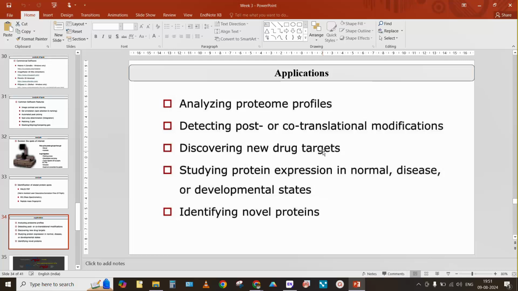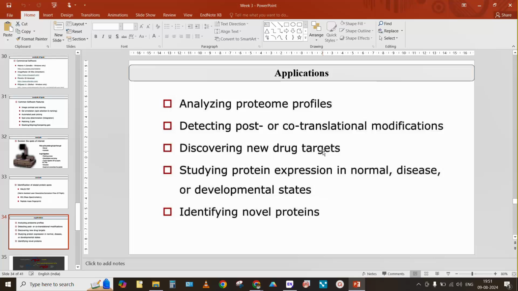It also gives comparative proteomics. By comparing 2D gels from different samples, like I told you, negative control, positive control, untreated, treated, healthy or diseased, researchers can identify proteins that are differentially expressed, which may serve as biomarkers or therapeutic targets. And then there is post-translational modification analysis.